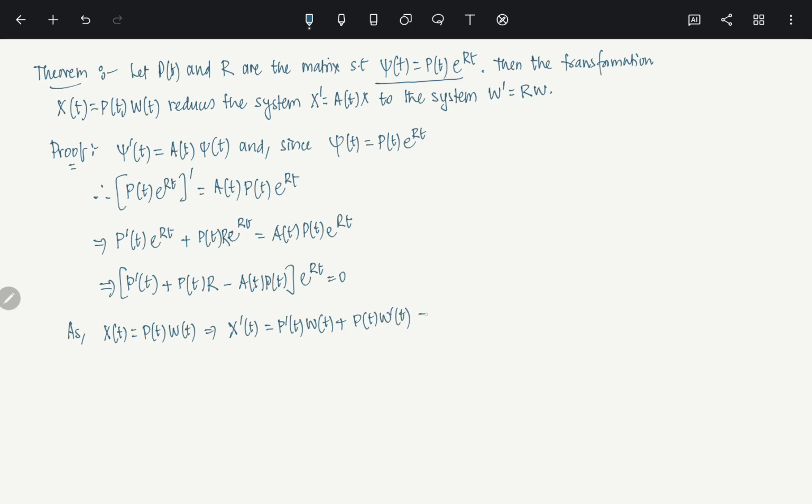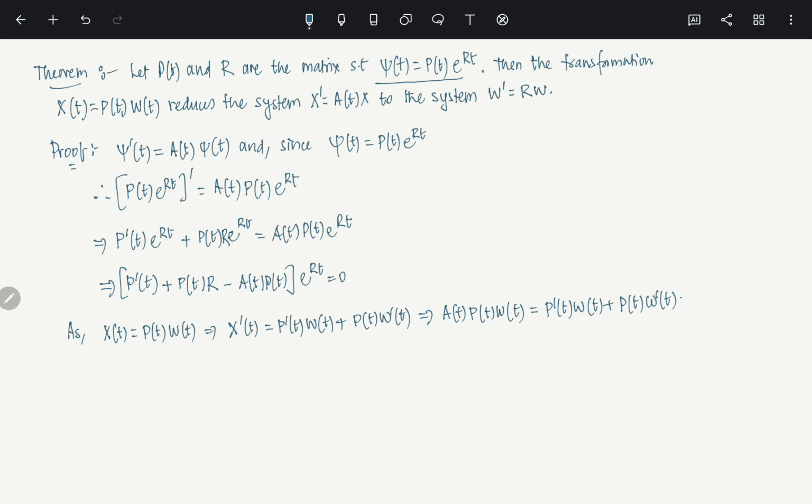Now what does that imply? What is X prime of t? It's nothing but A(t) times X of t, and X of t is nothing but P(t) times W(t). Clear? That is nothing but P prime of t W(t) plus P of t W prime of t. That's what we are going to get, right?